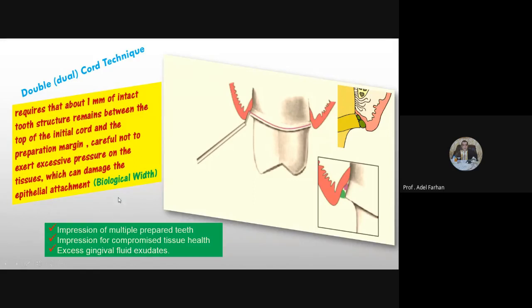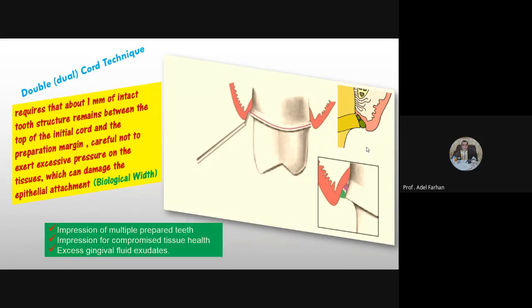طبعا indication of this dual cord technique when we have impression of multiple prepared teeth, impression for compromised tissue health and excessive gingival fluid exudate. طبعا during the impression ايش راح نسوي هنا؟ بعد ما نسوي retraction we remove only the large diameter cord, we leave the small. لذلك راح نقدر اذا عندك multiple tooth preparation الريلابس يخف، مو مثل ما اذا عندك multiple preparation استعملت one cord لما تشيله من كل الاريا ممكن يكون اول واحد صايب ريلابس.